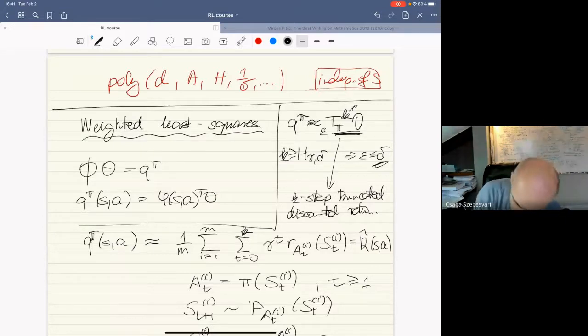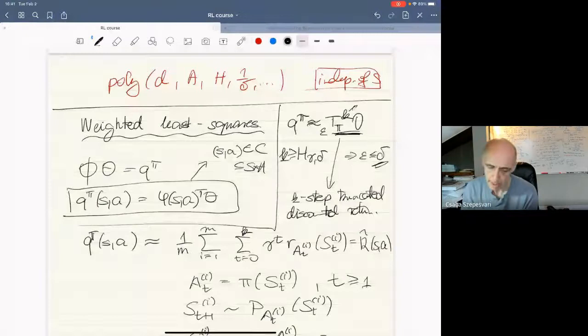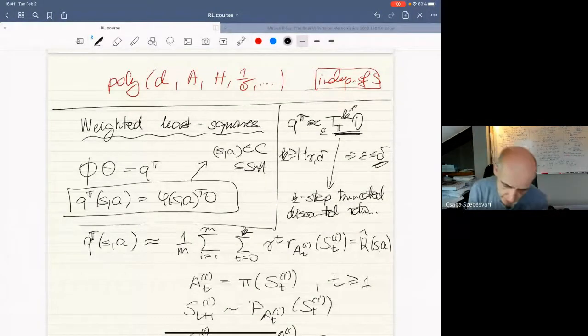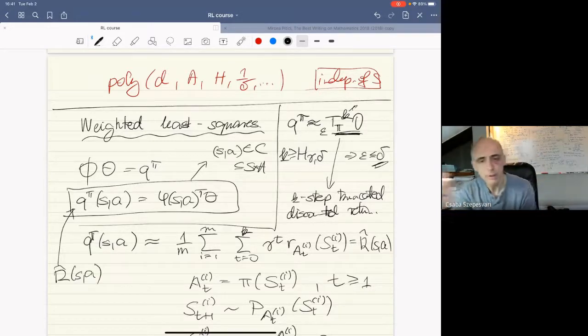And so we could choose a bunch of state action pairs from some subset of all possible state action pairs, and just run least squares, because we are measuring these with this R hat SA with some noise, with some error, but the error is controlled.